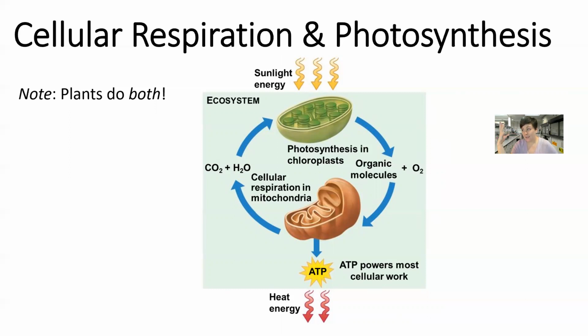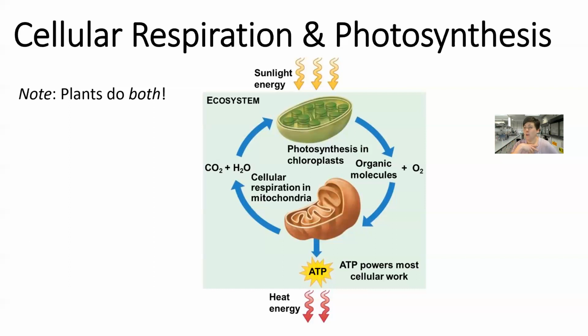So plants have a really huge advantage here, right? Because they can be very independent. So if you have a chloroplast and a mitochondria, what that means is you can create your own organic compounds, your own sugar. And then once you create sugar, you can metabolize it into ATP, into energy.